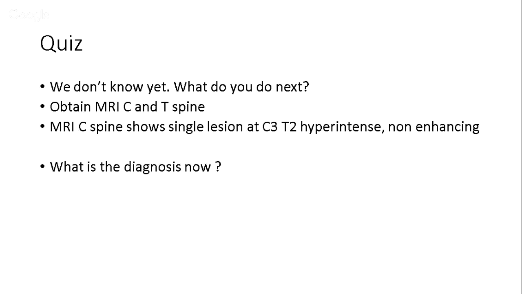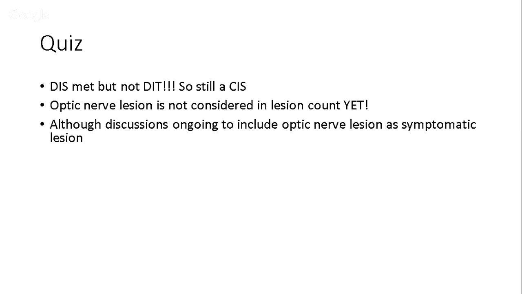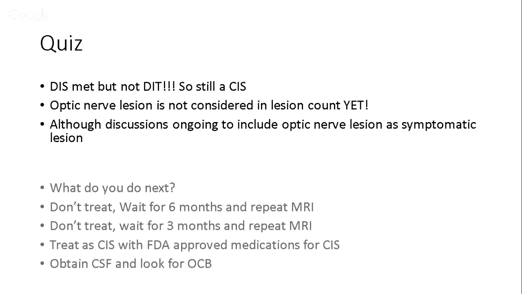It does not meet criteria for time because it's her first episode. So what can you do next? Oligoclonal bands. So it's still clinically isolated syndrome, but without dissemination in time, and the optic nerve lesion is not considered in the lesion count yet, though there is some discussion about including it as a symptomatic lesion.